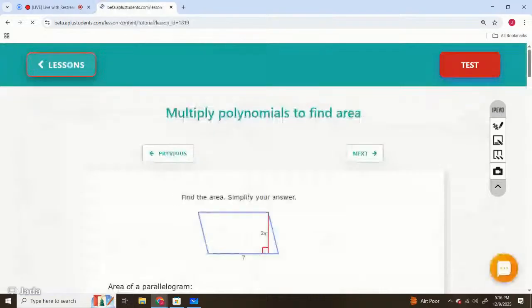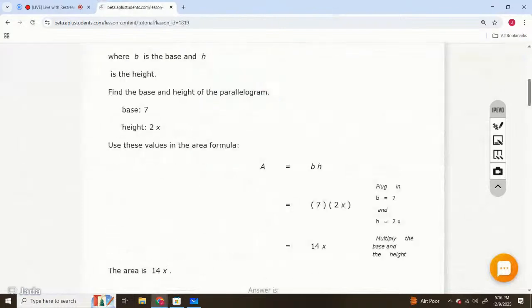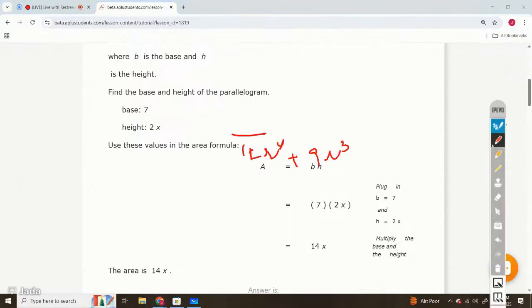Find the area. Simplify your answer. We need to find the area of the parallelogram. So the area of the parallelogram is base times height. The base is 7, the height is 2x. So 7 times 2 is 14, that is 14x.